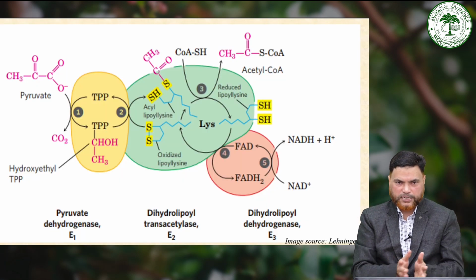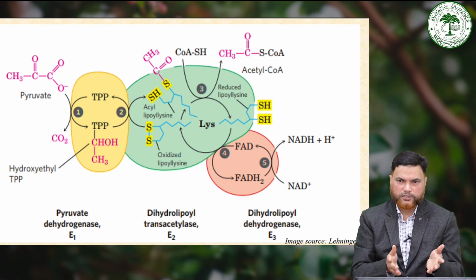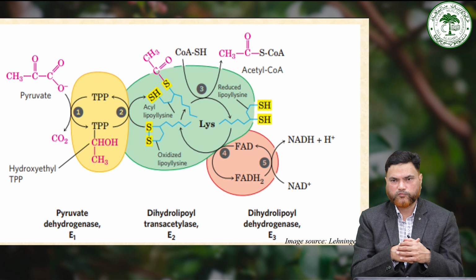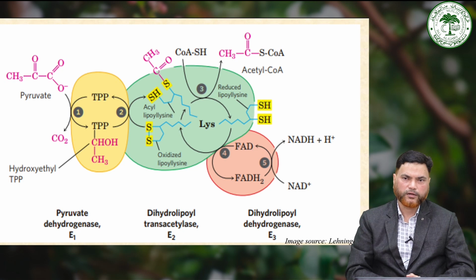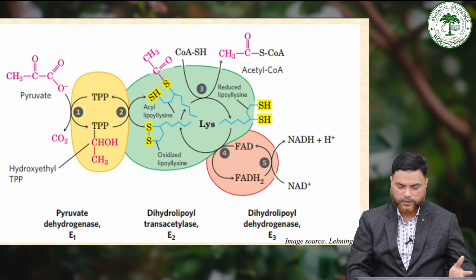So this is the sketch of how different groups attach, phosphorylated and dephosphorylated, a visual representation of PDH enzyme, including its different subunits and cofactors and how it functions, as I have discussed in detail in my previous slide.